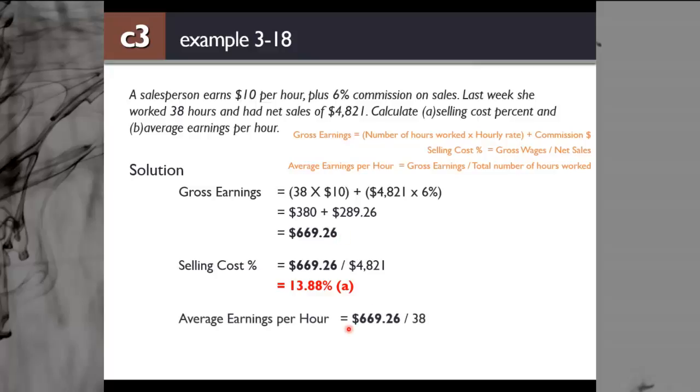So that's going to be 669.26 divided by 38. So your average earning per hour is going to be $17.61. So this includes both your hourly wages plus commission.